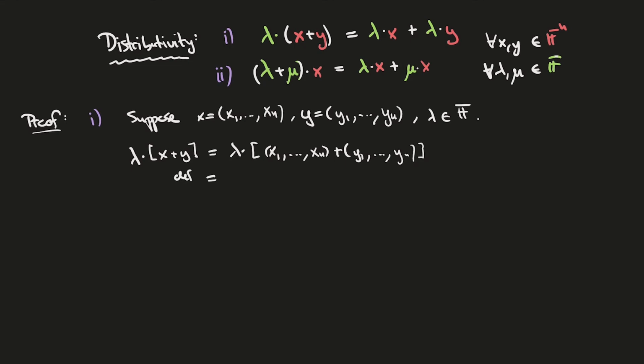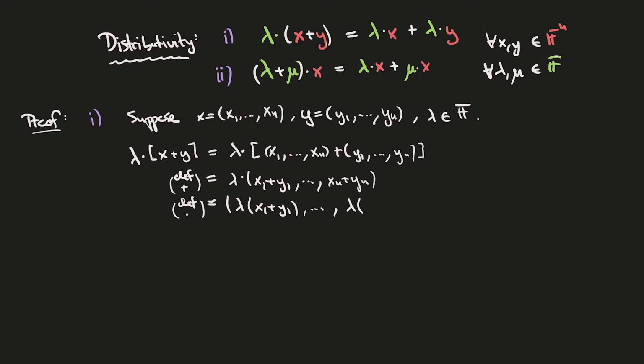Applying the definition of addition in Fn, we get that this equals lambda times (x1 plus y1, all the way up through xn plus yn). Similarly, we can apply the definition of scalar multiplication in Fn to obtain that this equals (lambda times (x1 plus y1), all the way up to lambda times (xn plus yn)).